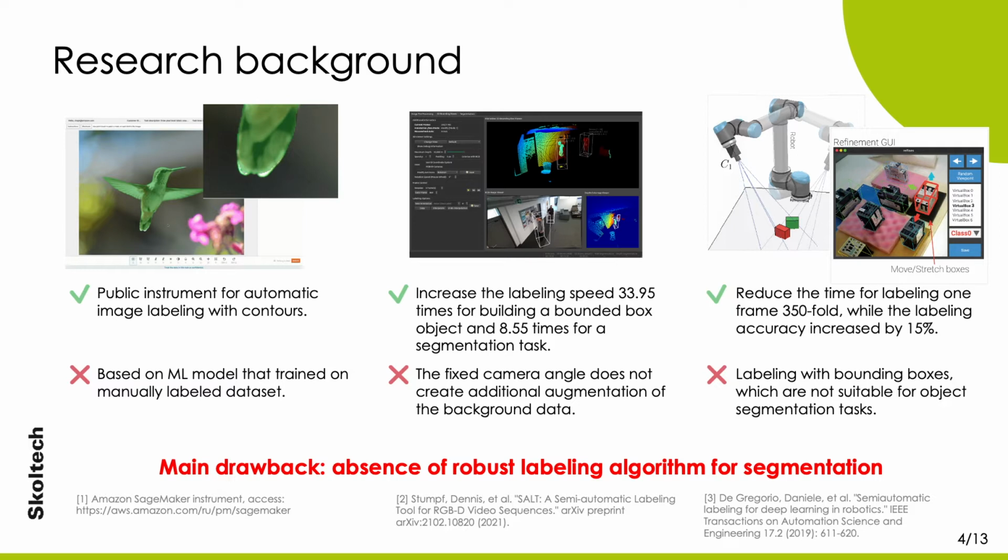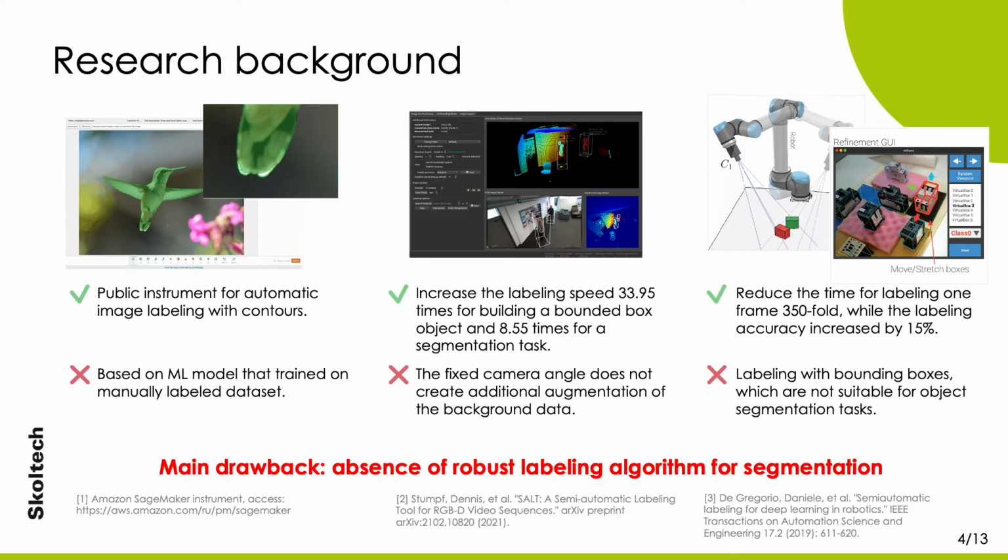Next, the paper of Stamp about a semi-automatic labeling tool for RGBD video sequences shows excellent results on speed and precision with labeling automatization. However, in the tool they use a fixed camera, so the collected dataset might not work on a camera in another position.